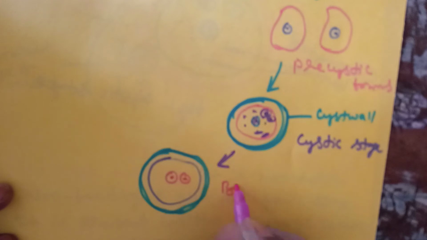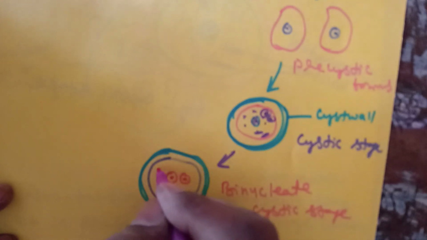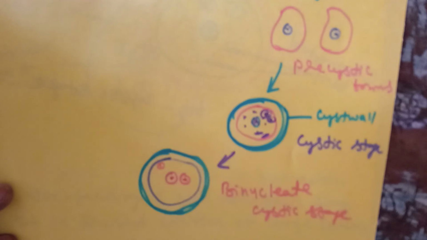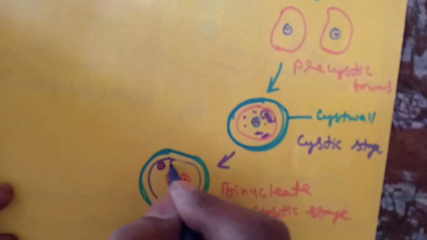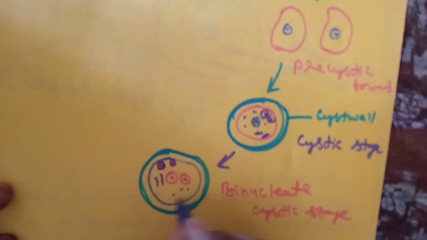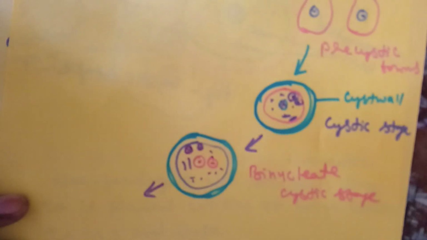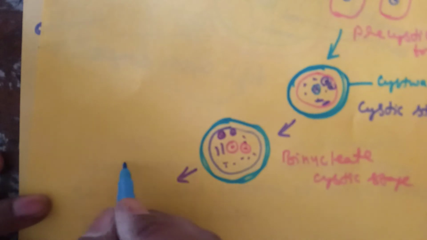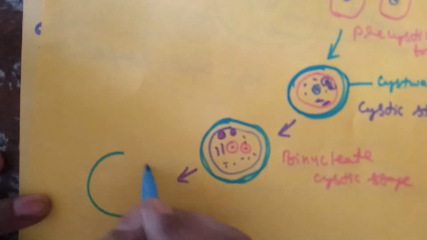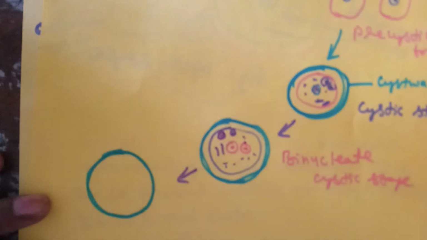This is called the binucleate cystic stage, and the food material is stored as glycogen and chromatoid bars. This binucleate cystic stage can divide again, and four-nucleus Entamoeba come outside.